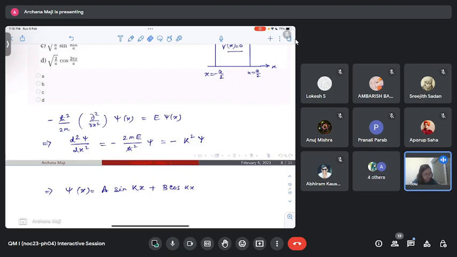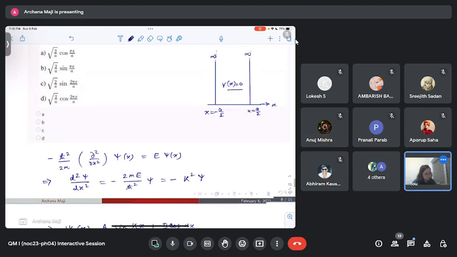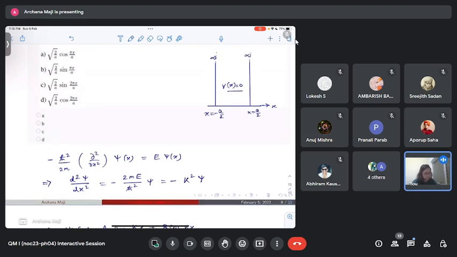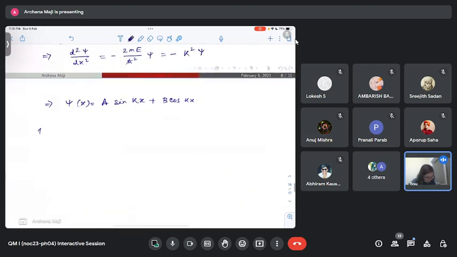So the wave function has to vanish at x equal to minus a by 2 and x equal to a by 2 for the wave function to be continuous. Since the particle can't be beyond minus a by 2 to a by 2 because of infinite potential elsewhere, the wave function in all these regions should be 0. So that means the wave function should be 0 at these boundaries as well. So the boundary conditions are psi at x equal to minus a by 2 is equal to 0 as well as psi at x equal to a by 2.